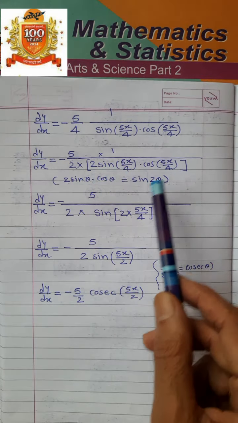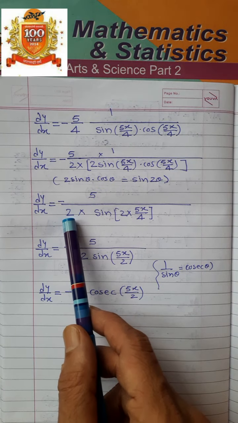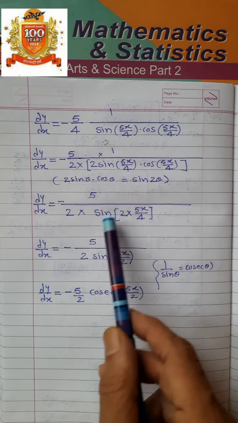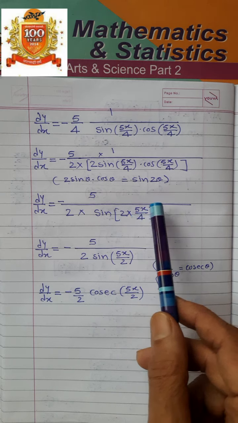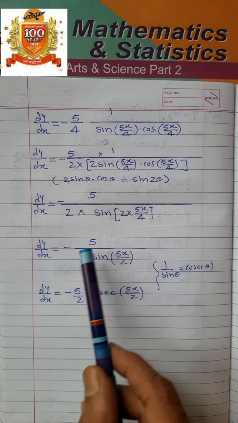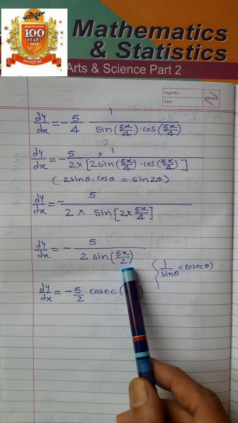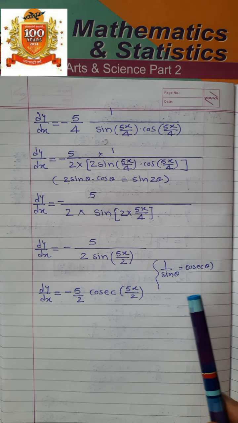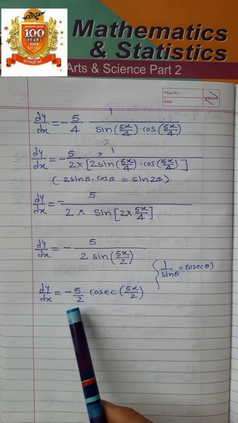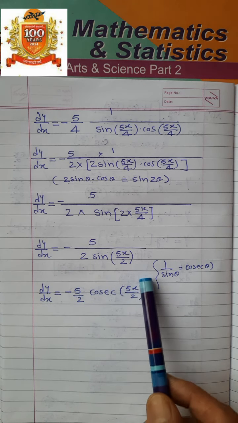Therefore, dy by dx is equal to minus 5 by 2 as it is, into, at the denominator, sin of 2 into 5x upon 4, that is minus 5 upon 2 into sin of 5x upon 2. And we know that 1 upon sin theta means cosec theta. Therefore, dy by dx is equal to minus 5 by 2 into cosec of 5x upon 2.